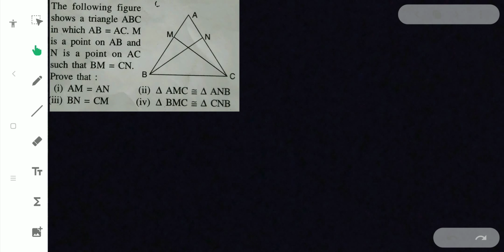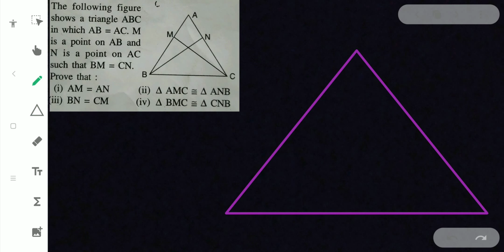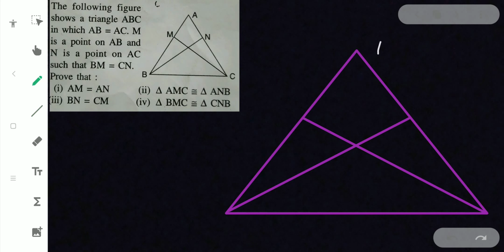I am just drawing a diagram over here in order to clearly mark the properties given in this question. Let us name the points A, B, C, M and N respectively.